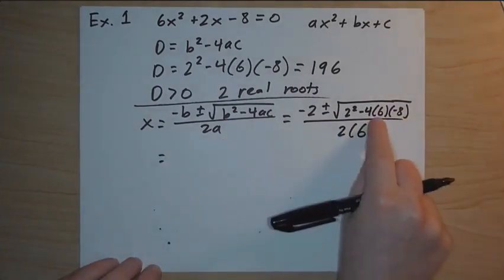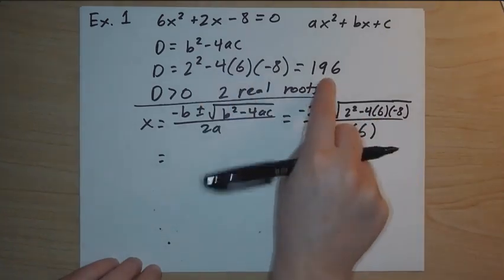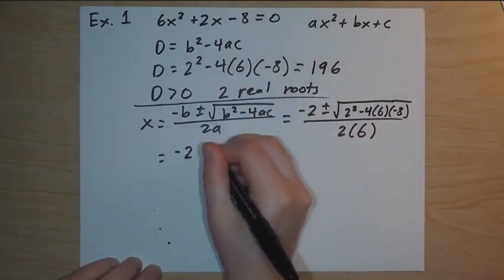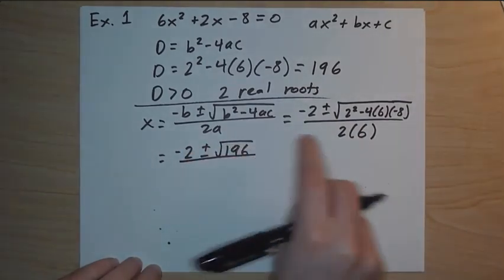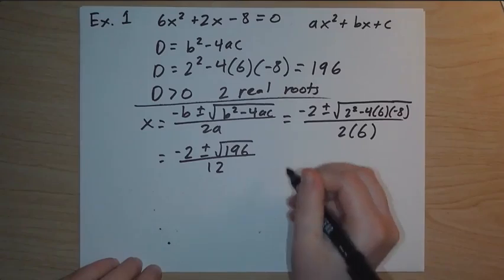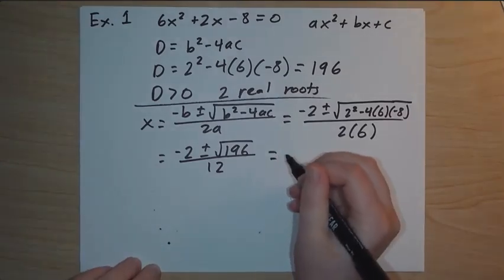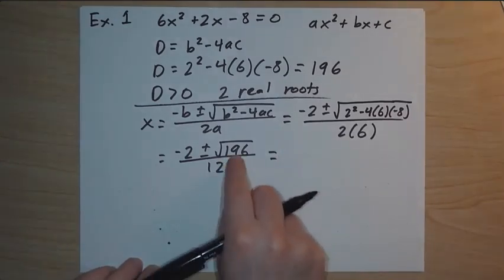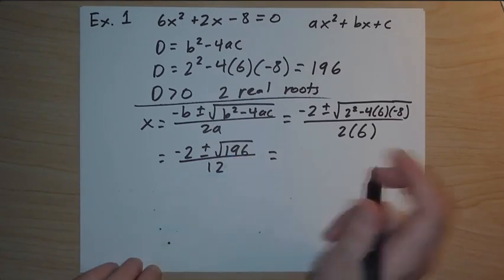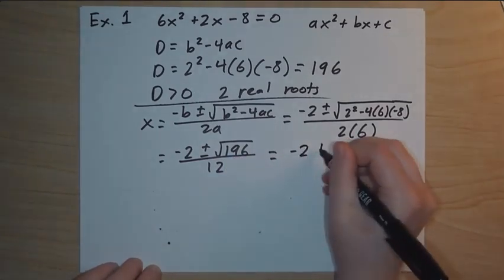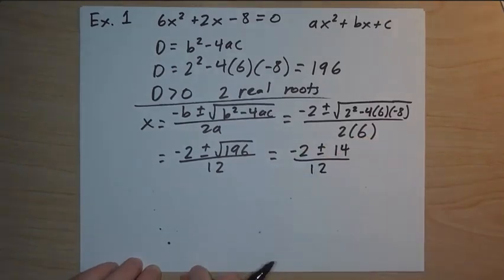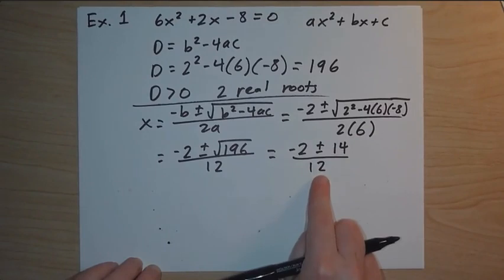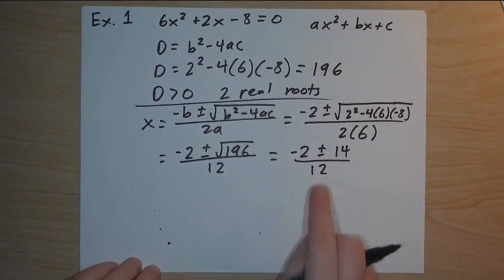We already simplified the inside of this square root, so we know this is negative 2 plus or minus the square root of 196, divided by 2 times 6, which is 12. The square root of 196 is 14, so this is negative 2 plus or minus 14, divided by 12.